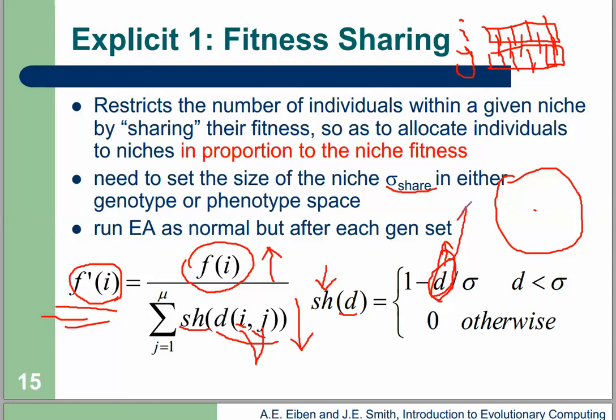When D is large, it means I and J are very different from each other, so SH is low. When SH is low, the f prime of I is increased.